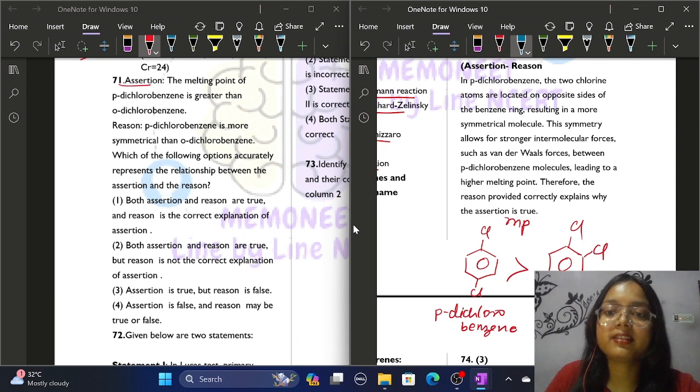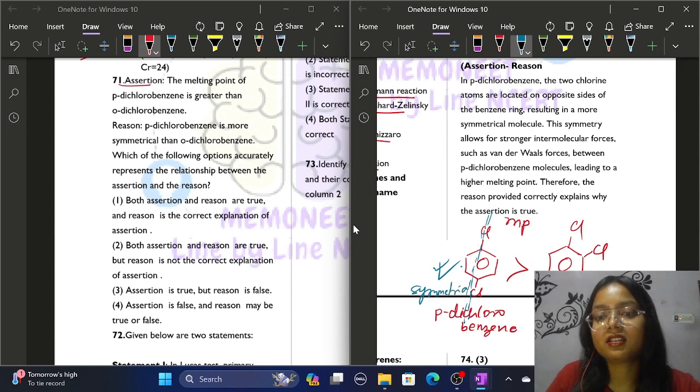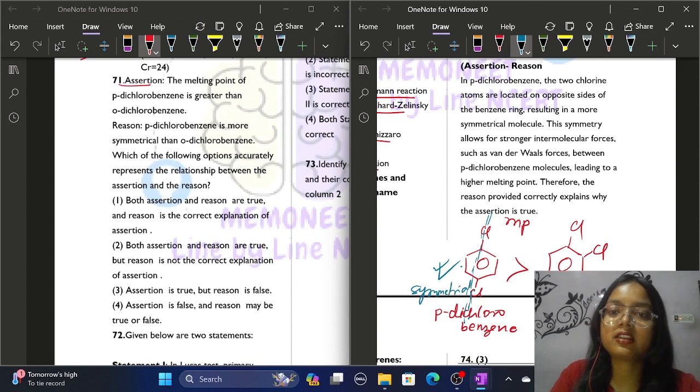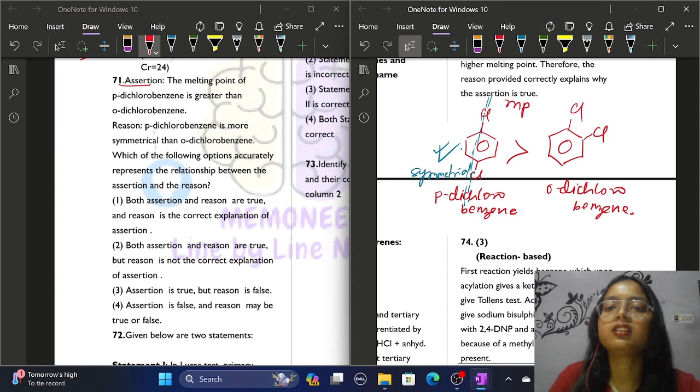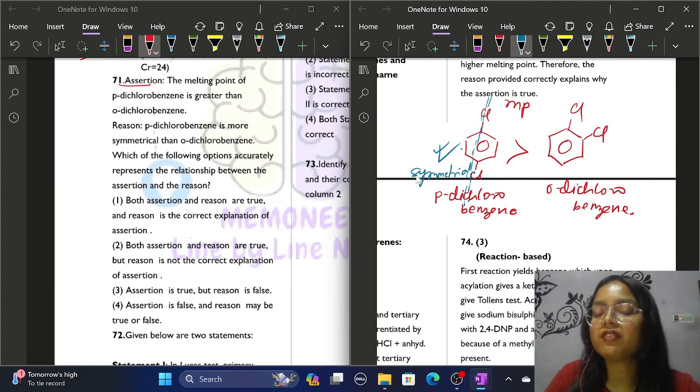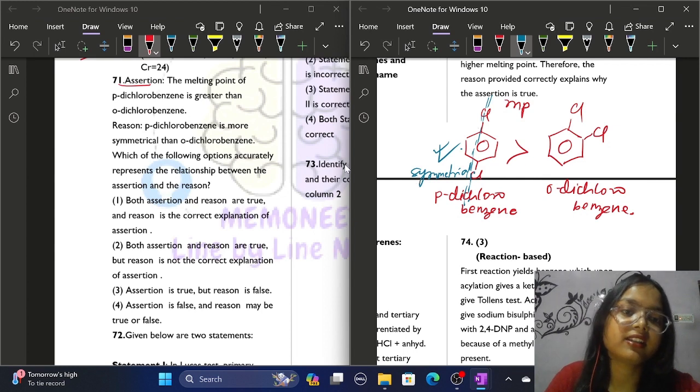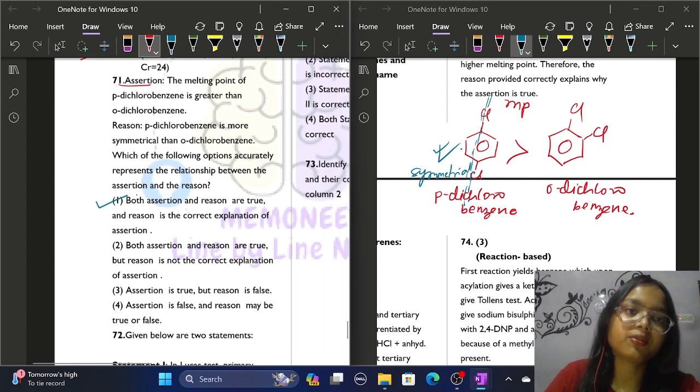If we draw the line of symmetry in the middle, it will be symmetrical. So paradichlorobenzene is symmetrical in nature and therefore has a high melting point. So the reason is the correct explanation for the assertion, and option 1 is the correct option.